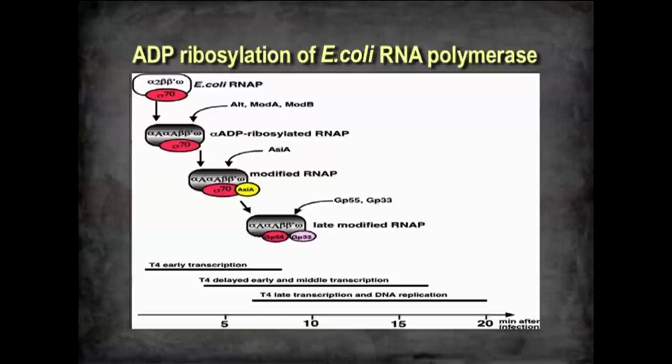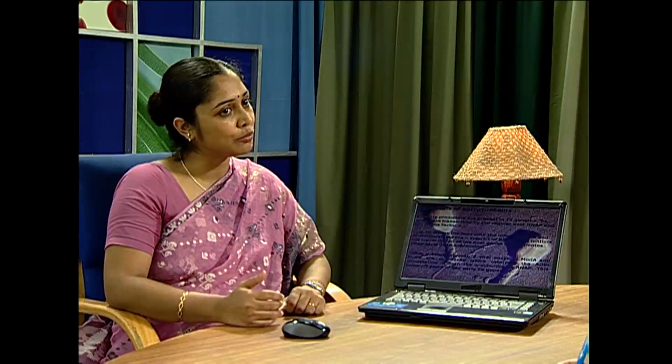Shortly after transcription, two viral enzymes, MOD-A and MOD-B, are synthesized. These two enzymes are also ADP ribosylases, and they again transfer an ADP ribosyl group to both the alpha subunits and completely modify the host cell RNA polymerase.